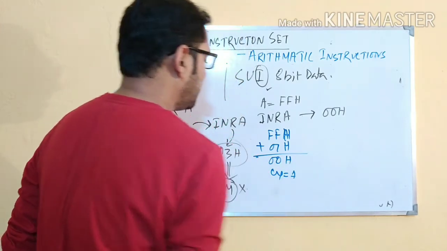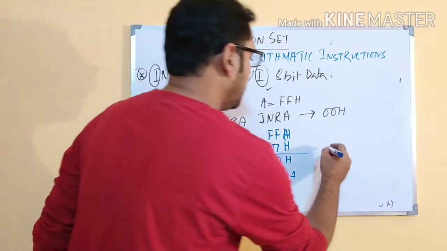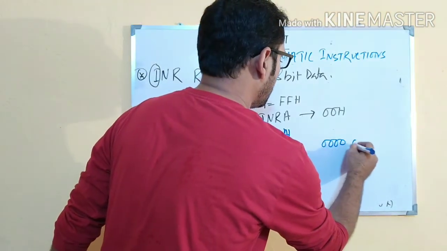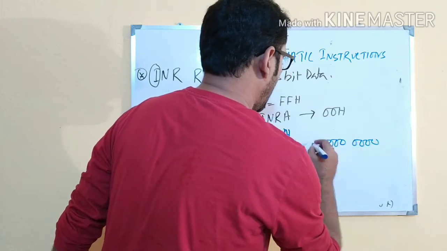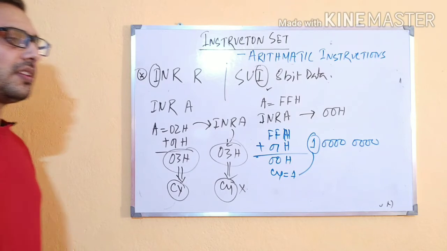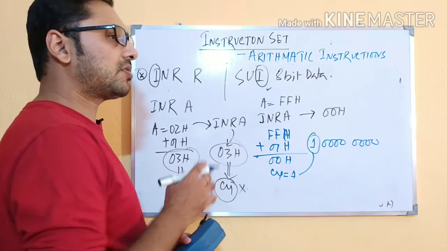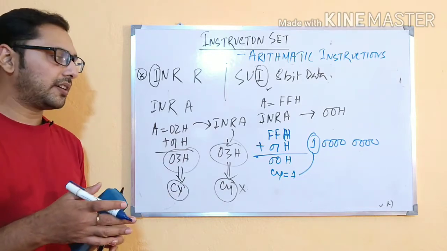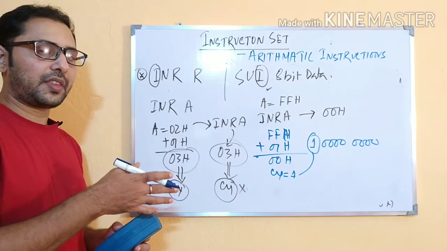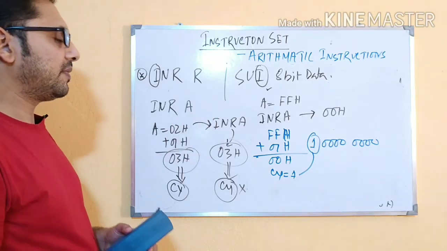Carry flag will be 1, because if we perform this one, the result will be 00000000 and 1 will be here. That extra 1 is this carry flag. So remember, in case of increment operation, the operation does not affect the carry flag, but in case of addition, the result can affect carry flag. That is the difference between them.